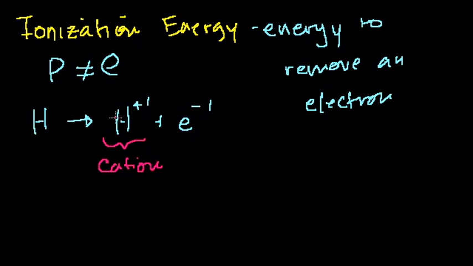Now you just as easily could have a situation where, let me take an element, let's say we start with chlorine. Cl, right? In a stable form, it has 7 valence electrons. And why don't we add an electron to it? And now it'll be Cl-. And now this will actually be pretty stable. It'll have 8 valence electrons, but it'll have a negative charge. So this right here is a negative ion, and that's known as an anion.